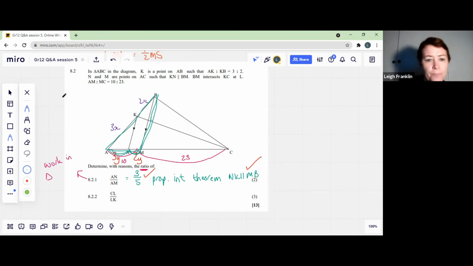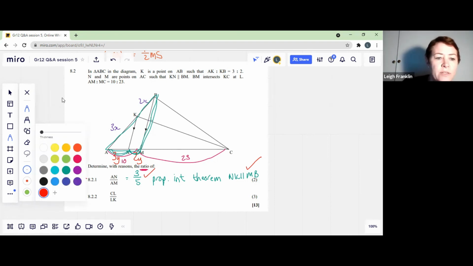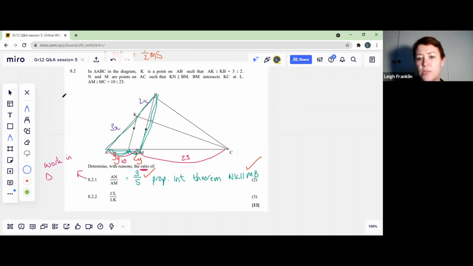All right, so the next thing that they want us to do is work out CL over LK. So CL over LK, which triangle are they directing us to? Always ask yourself, in which triangle do they want me to work? So CL over LK. There's CL, there's LK, there are your parallel lines. So that is your triangle.